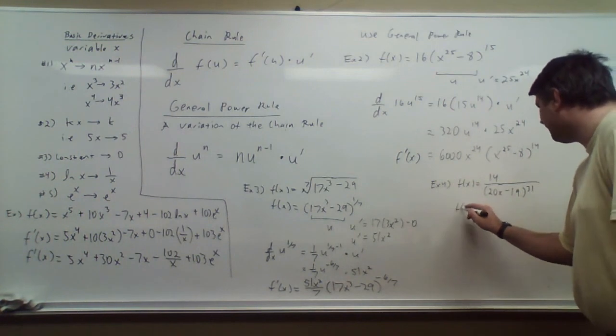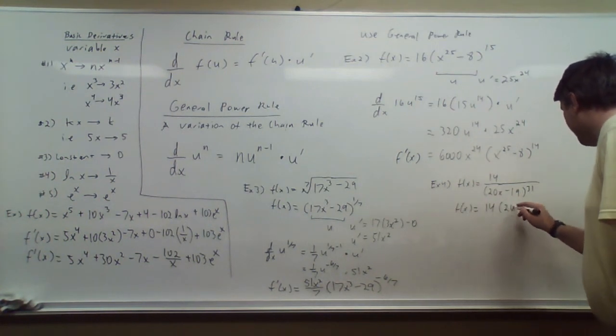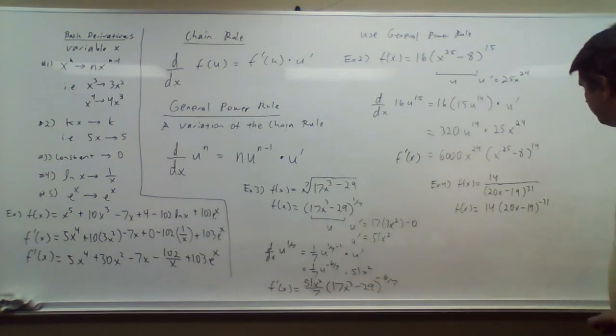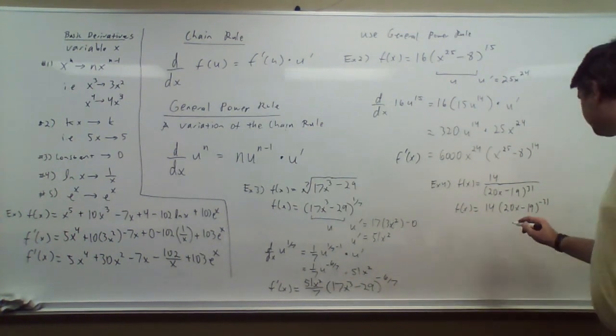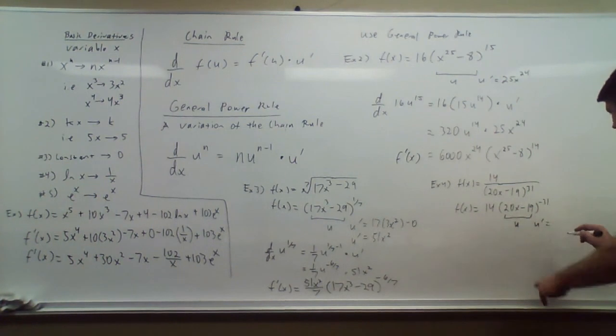Well, first of all, f of x is simply 14 times 20x minus 19 to the negative 31st power, because that's what a denominator would be, a negative power. So this is u. u prime is simply 20.